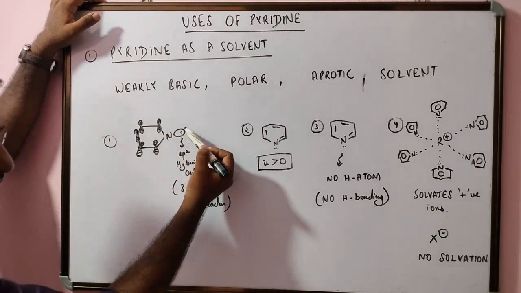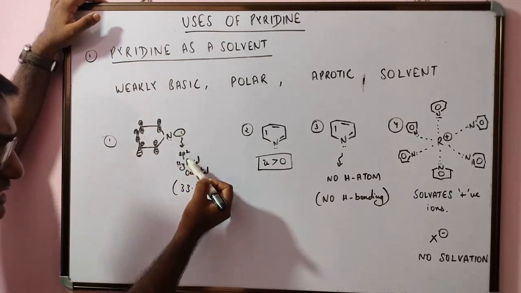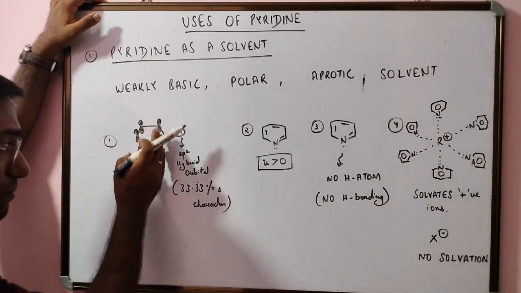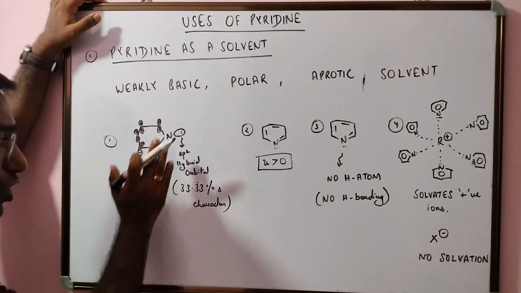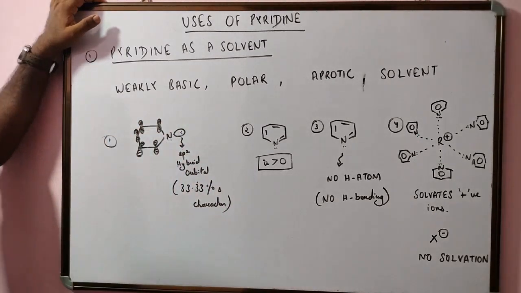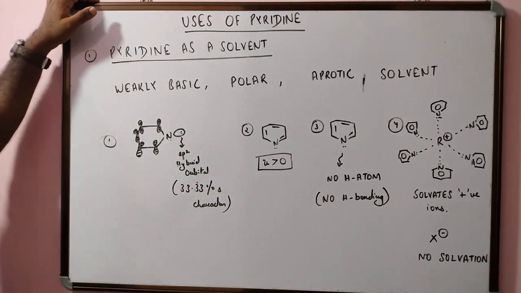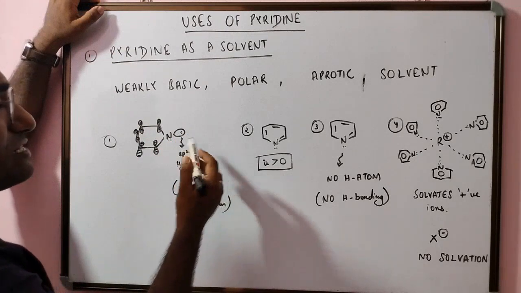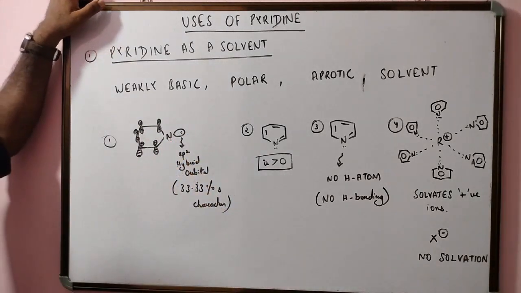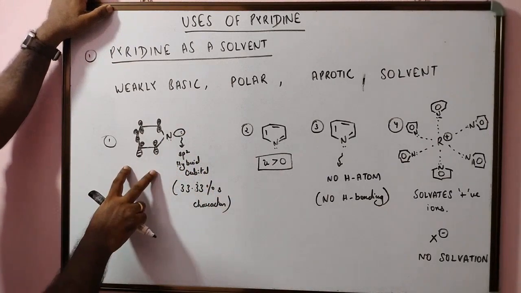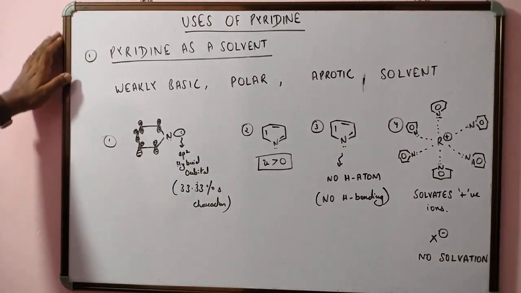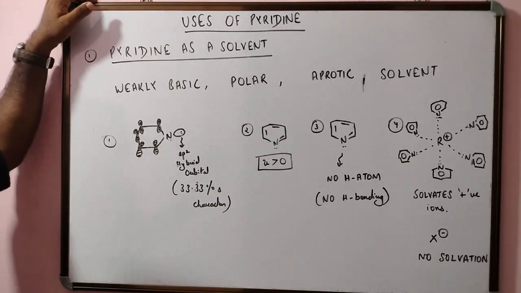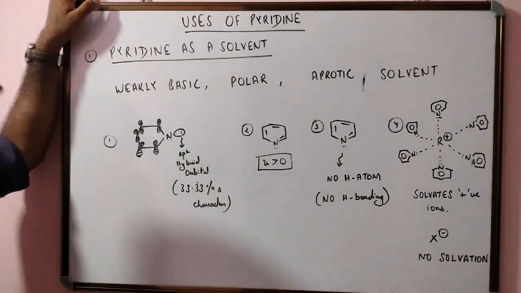In other words, the electrons in the sp2 hybrid orbital cannot take part in the delocalization or the aromaticity of the pyridine ring. In other words, the electrons in the sp2 hybrid orbital are available for donation, and that is what makes the pyridine ring basic. To be very specific, the pyridine ring is weakly basic.